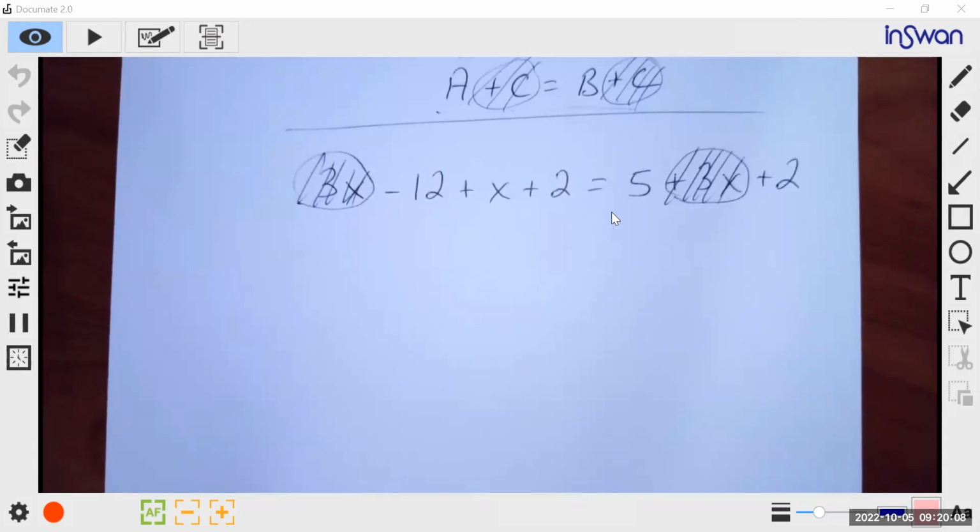You're always supposed to simplify first, because the first rule is: whenever you have large equations, always simplify both sides before you start moving things around. It won't give you different answers.